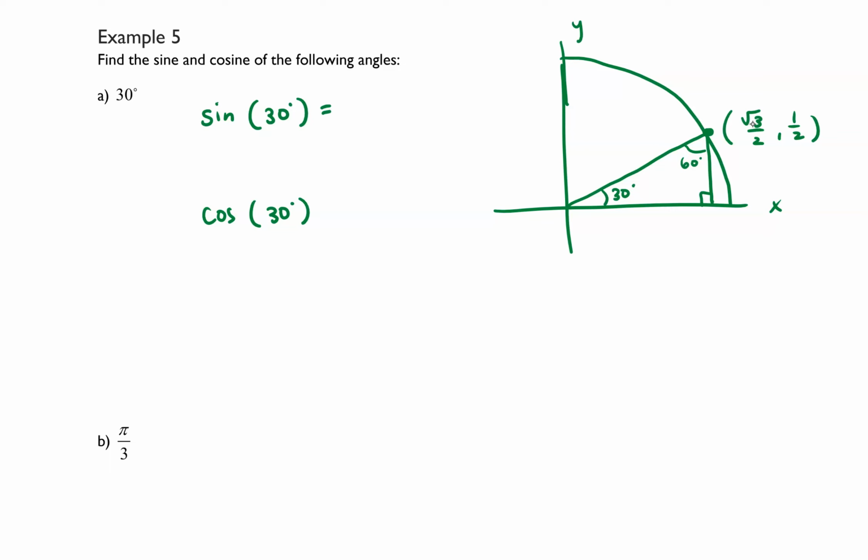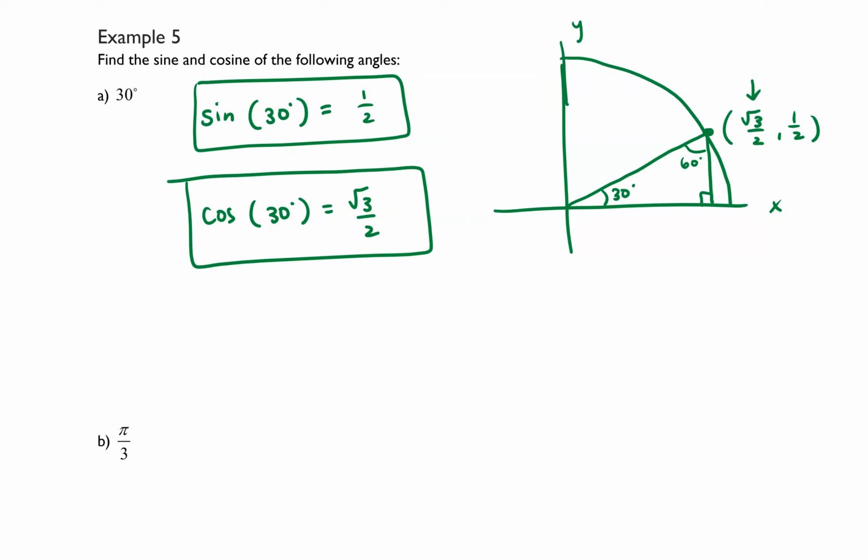So sine of 30 degrees is the y value, which is 1/2. And cosine of 30 degrees is the x value, because your response is, 'cause you're still in love with your ex. So cosine of 30 degrees is equal to √3/2.